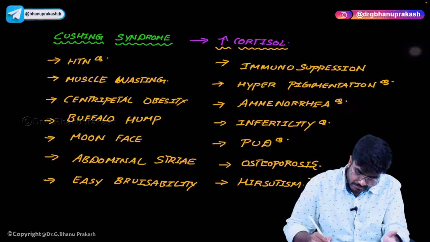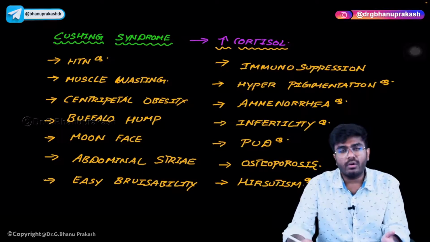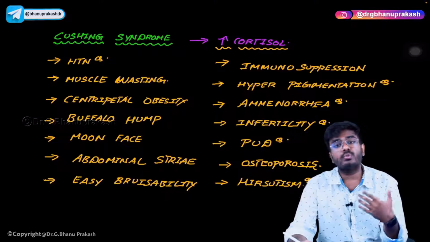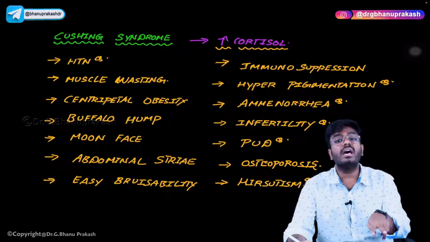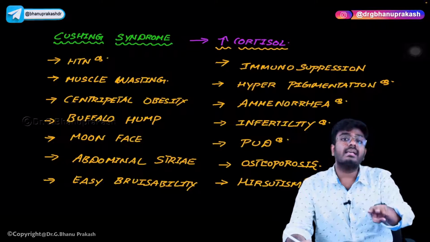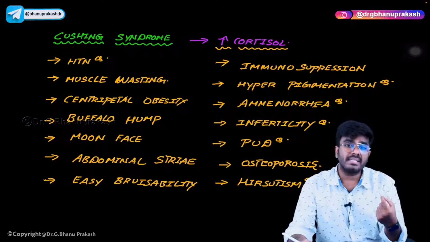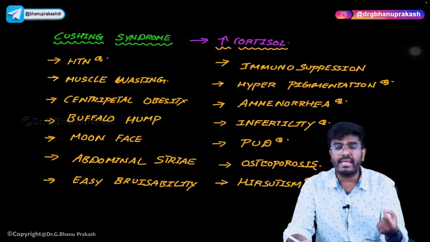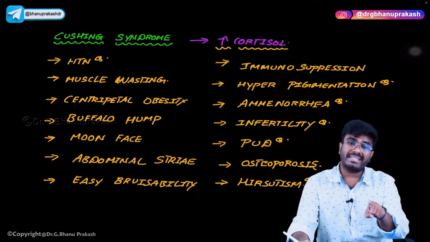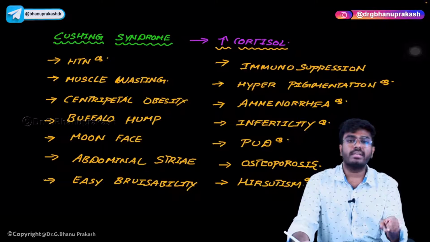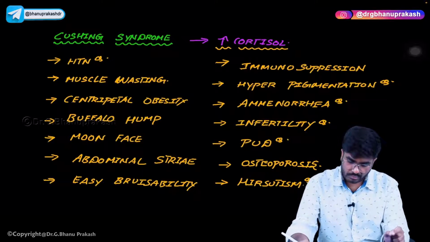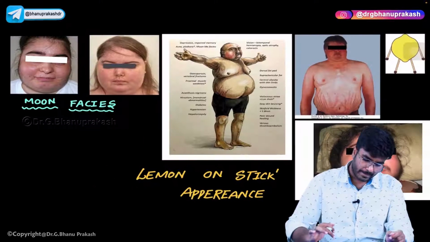What is hirsutism? Excessive growth of hair on the face. Why is hair growing on the face? Because cortisol is now acting like sex corticoids. Sex corticoids, especially male sex corticoids, are the ones which cause hair growth. So excessive cortisol is acting like male sex corticoids, giving excessive facial hair.